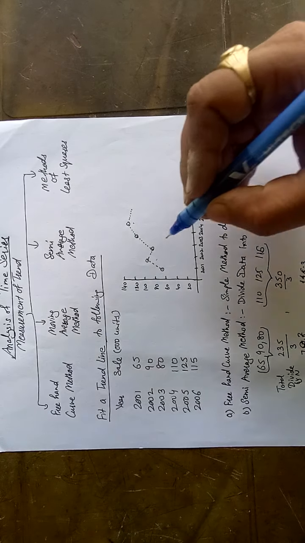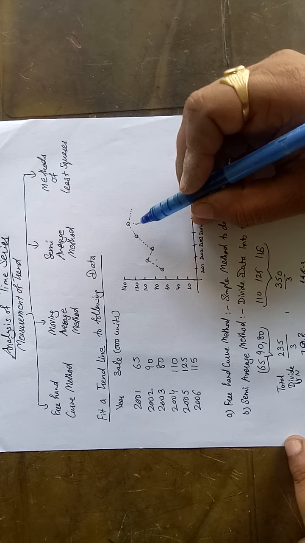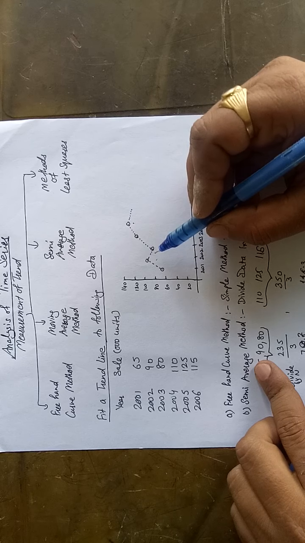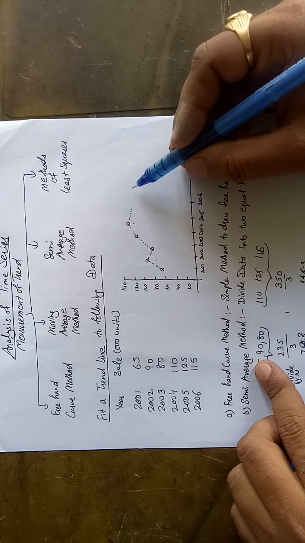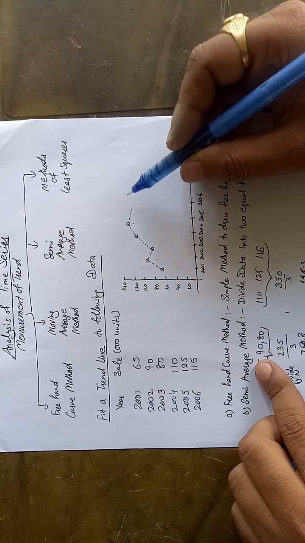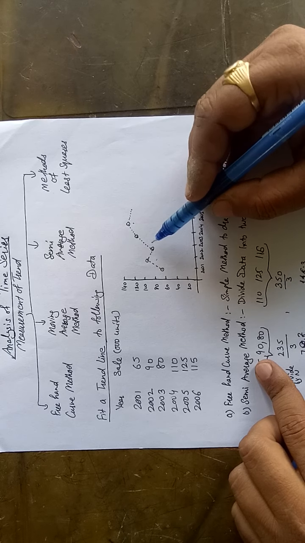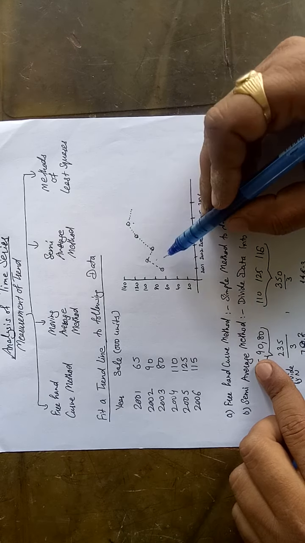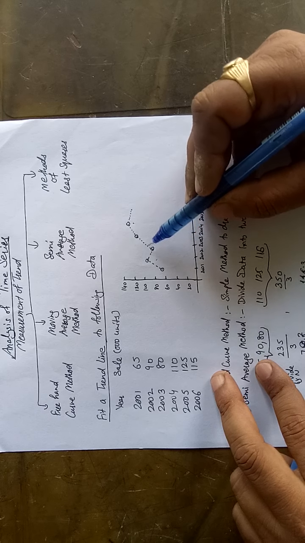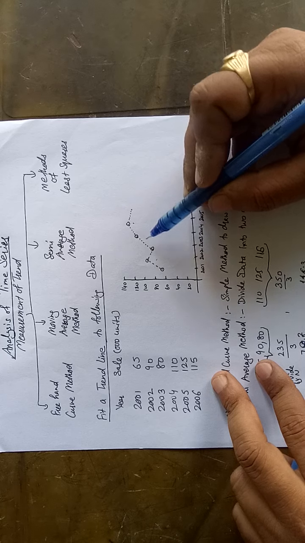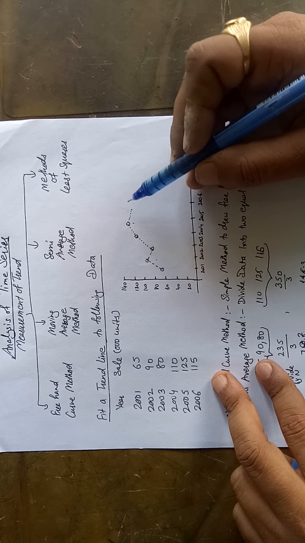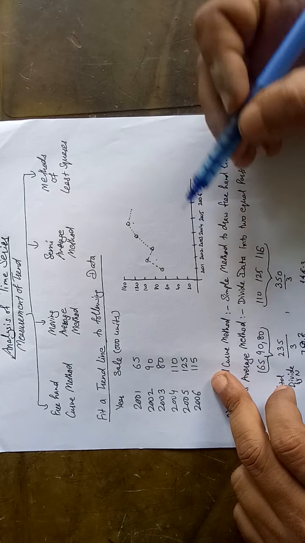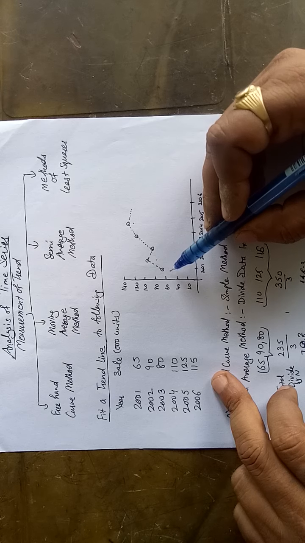Suppose we have this data, which we have plotted. But suppose we want to calculate an amount at the year 2007, or what the trend is in the middle of 2003 and 2004. So it will be interpolation or extrapolation, for years where we do not have data, or years outside the data covered, which can be guessed, predicted, or forecasted by the freehand.